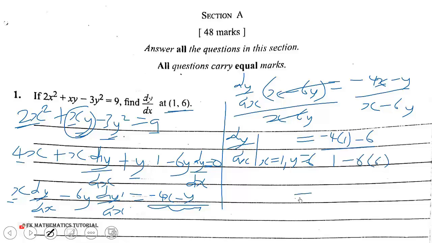So that will give us negative 4 minus 6, negative 10 all over 1 minus 36, which is negative 35. So 5 will go here, negative 5 will go here 2 times, negative 5 will go into this 7 times. So dy/dx at (1, 6) will be 2 over 7.